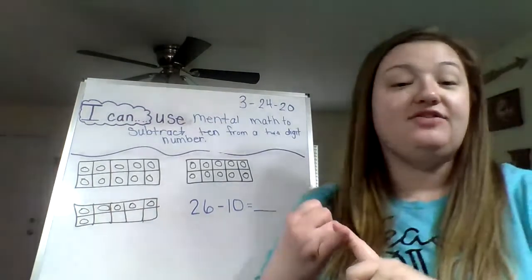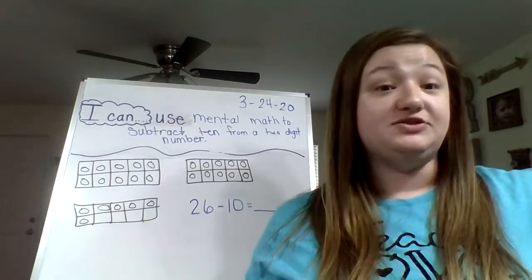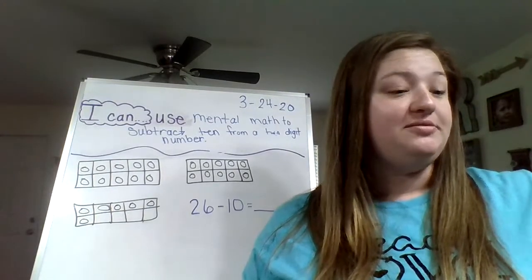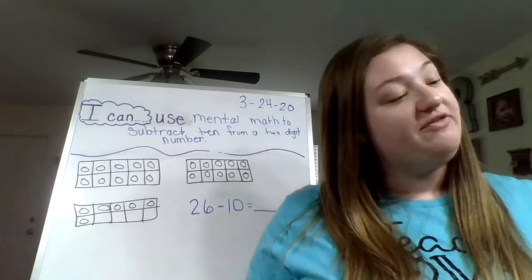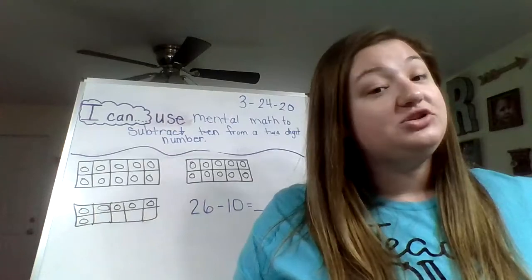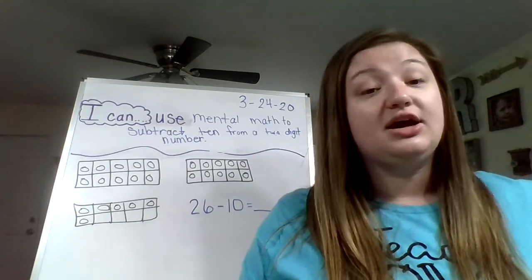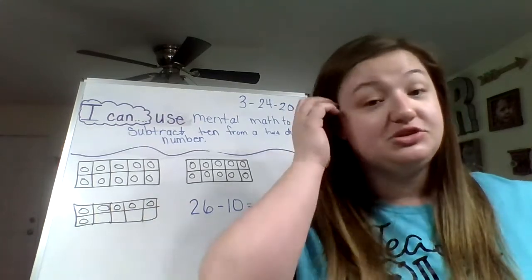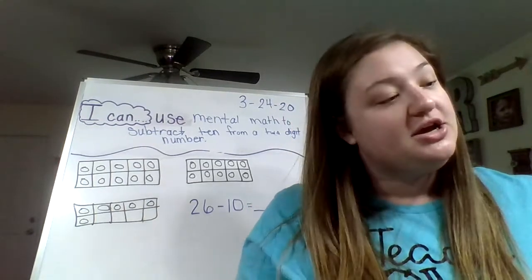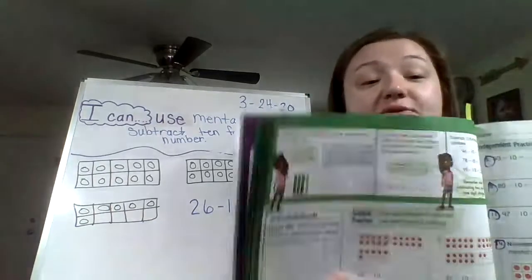So at this point in the lesson, you have done the solve and share and you've turned that in to me, I hope so. And you have also watched the visual learning bridge. Now, in the visual learning bridge, it showed you a couple different ways to subtract 10 from a number. I'm just looking at the visual learning bridge that was in my book.